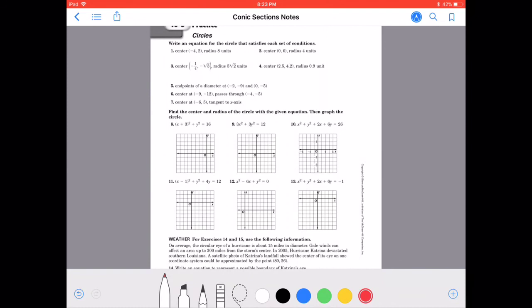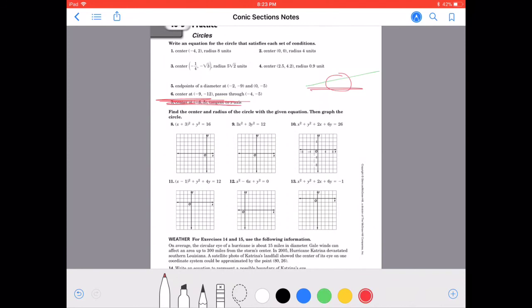And then we aren't going to worry about 7. But what that does mean, tangent, that just means the circle touches. Tangent means touch. Secant means slice. So because it's tangent to the x-axis, we would be able to figure out the radiuses there.